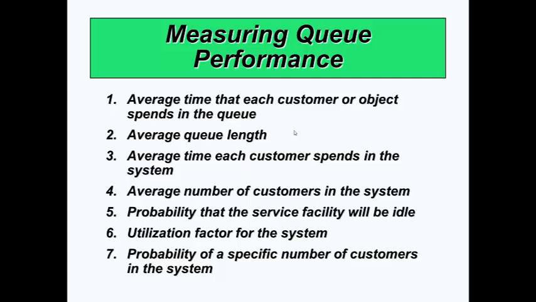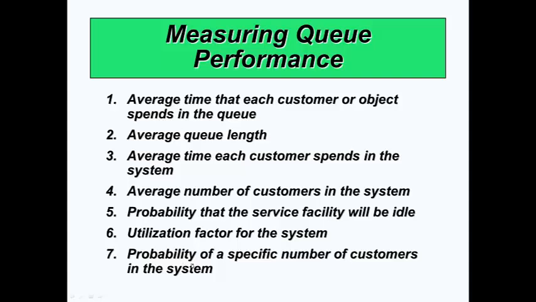But as business majors, you understand that is not the ideal thing to do. You want to have the highest utilization. Efficiency of the waiting line is important. So the probability that the service facility will be idle should be very low, which means the utilization of the waiting line system or the service providers must be high.